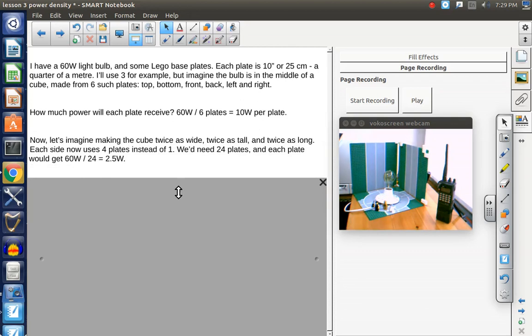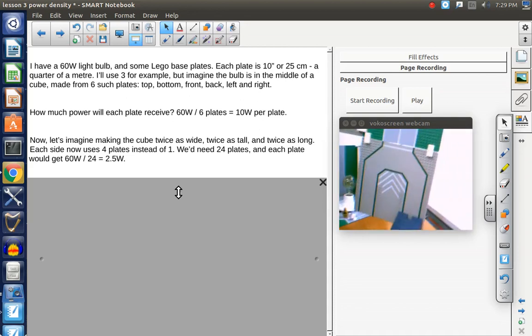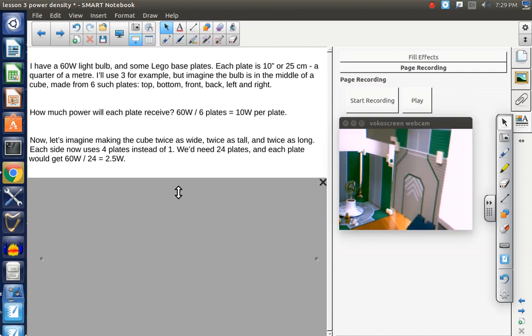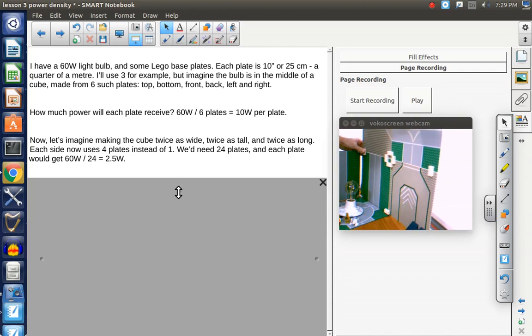Now, let's make the cube twice as wide, twice as deep, and twice as tall. This is where extra Lego comes in handy. So I'm going to add another 3 plates to this side here. Hopefully that stays.